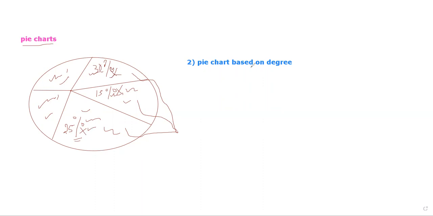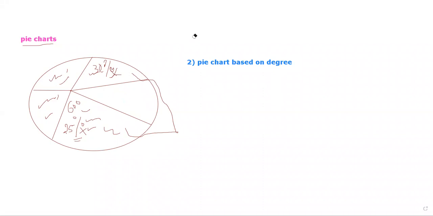So now, pie chart based on degree. In this type, the data is not given in percentage. The data is given in degrees. For example, this section represents 60 degrees. This one represents 60 degrees.